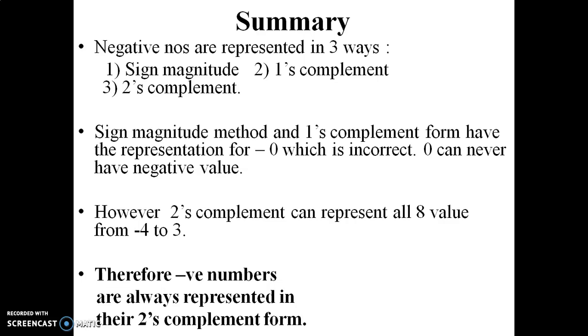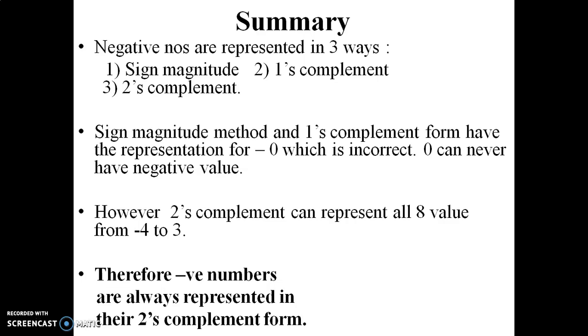What we have seen is that negative numbers are represented in 3 ways: sign magnitude, 1's complement and 2's complement. But the only reliable or accurate method to represent negative numbers is the 2's complement form. We have also seen why the sign magnitude method and the 1's complement method do not work, because they have a representation for -0, which is incorrect. 0 can never have a negative value.